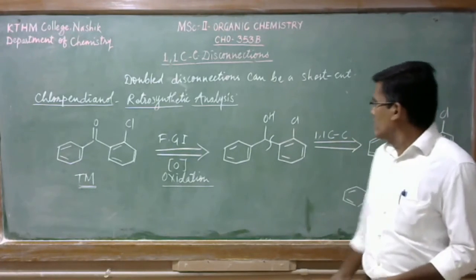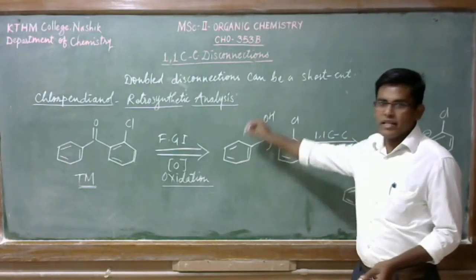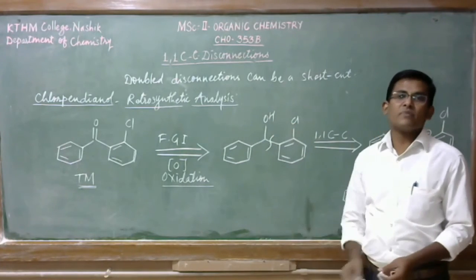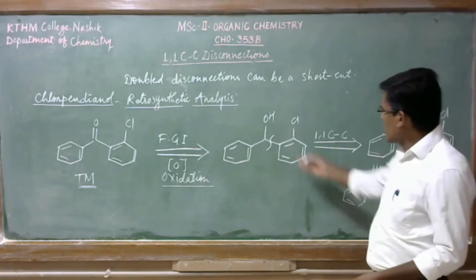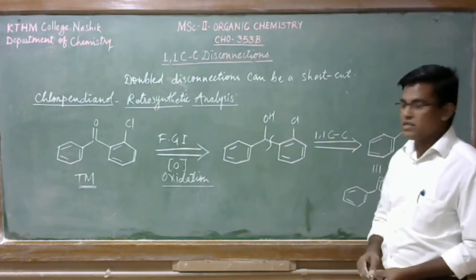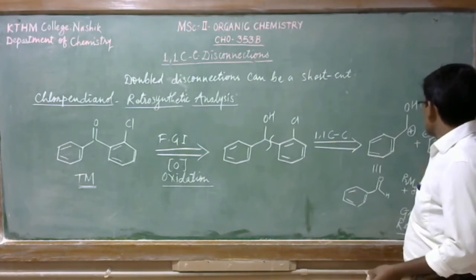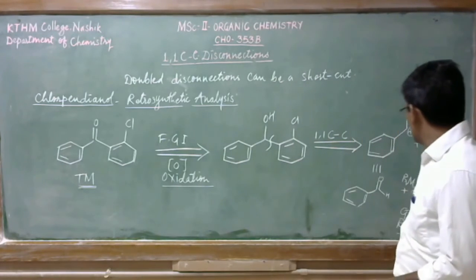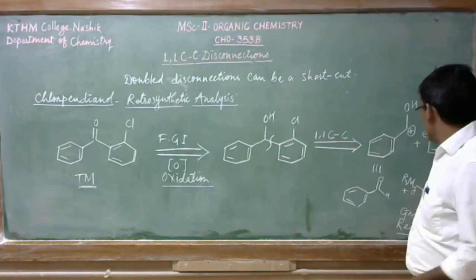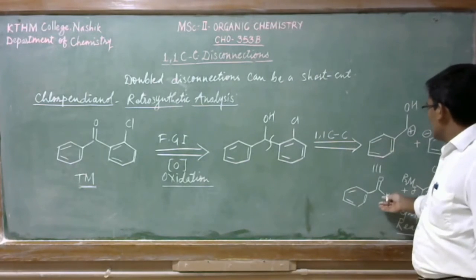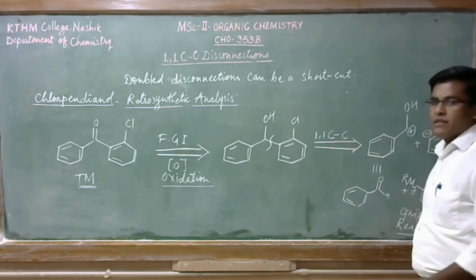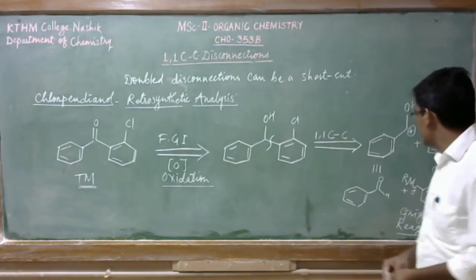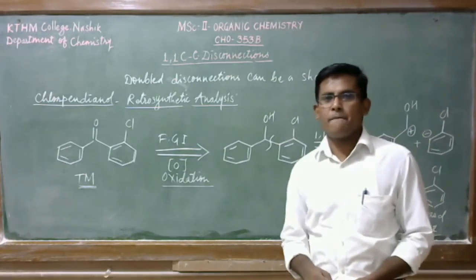When you have this alcohol functionality in our substrate, we could think about this 1,1 carbon-carbon disconnection. After this disconnection, we get these two fragments, which can be transformed into their respective chemical reagents. One is benzaldehyde and the other is phenyl Grignard reagent, phenyl magnesium bromide. So let us have its forward synthesis.